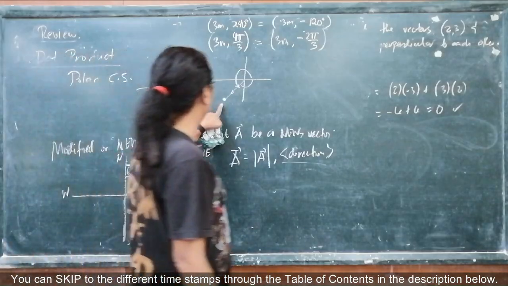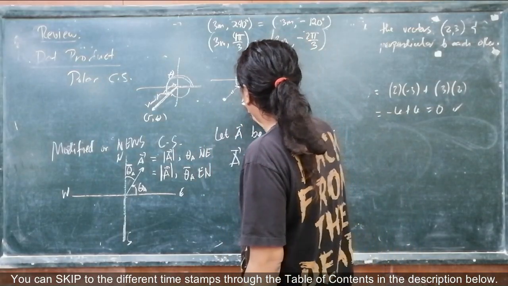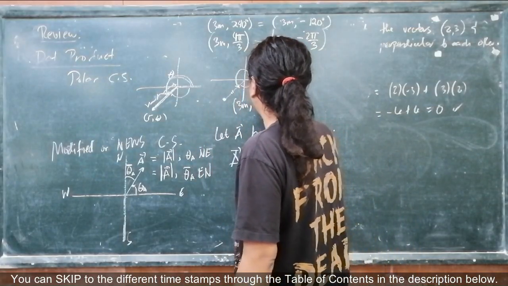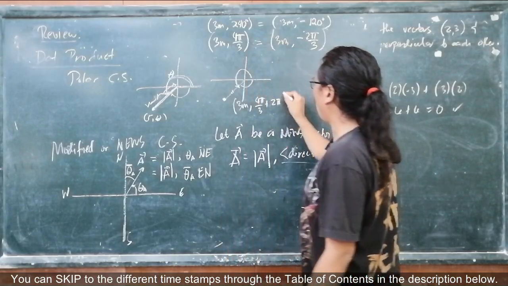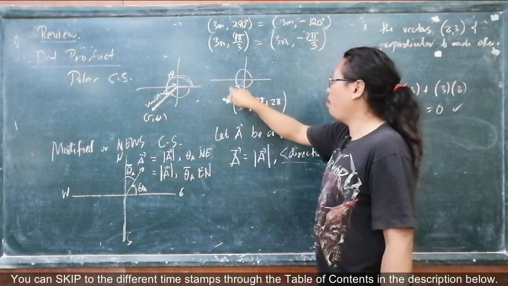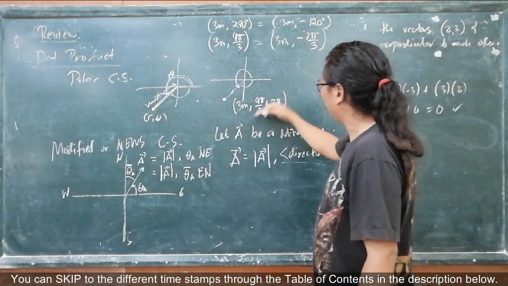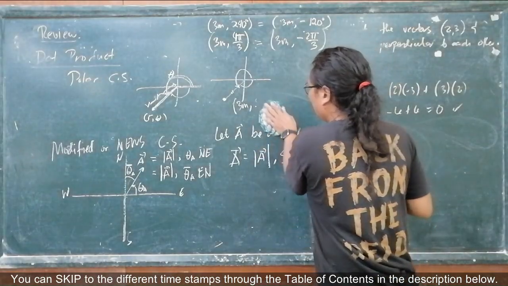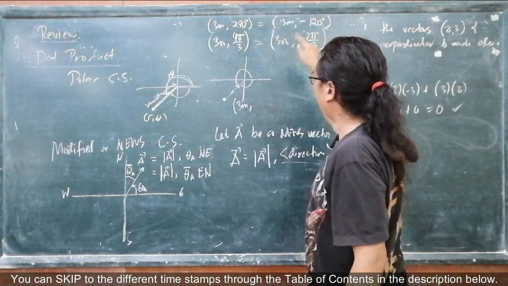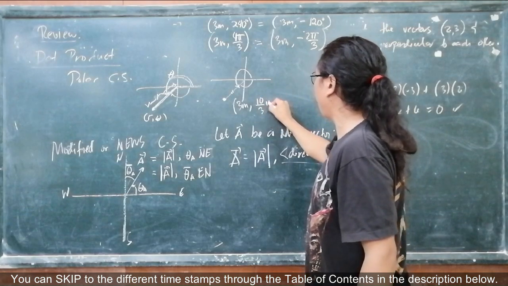This same point is also equal to 3 meters, 4 pi over 3 plus 2 pi, one rotation. And this will give you the same point, and this is a different number, right? In fact, this is 4 over 3 plus 6 over 3, that's 10 over 3 pi.